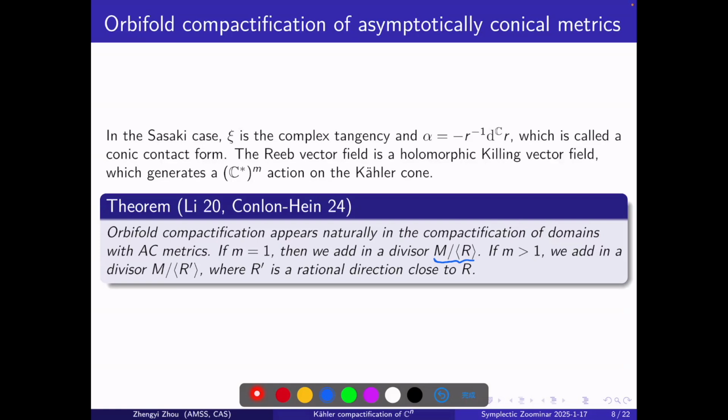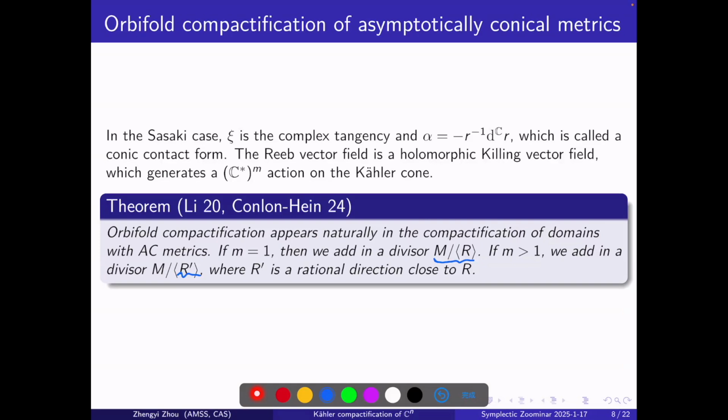So in the case of this rational ellipsoid, this indeed gives you the compactification of C^n into a weighted projective space. But if your Reeb vector field generates a higher-dimensional torus action, then you have to perturb your contact form a little bit, because in this torus the rational directions are dense, so you can always perturb, and then use the perturbed Reeb flow to do the quotient and compactify.